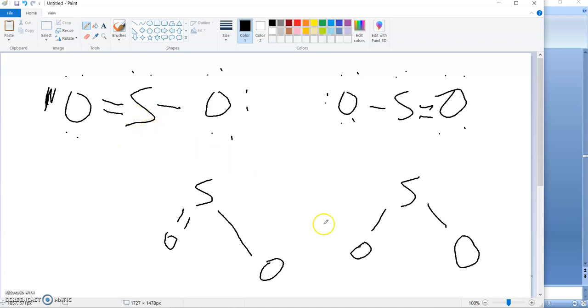Even more intriguing is when they measure the length of these bonds, the length of the bond is roughly halfway between a single and a double bond length. So it's almost like you have a 1.5 bond here and a 1.5 bond here, which, well, how do you draw a Lewis structure of that? You really can't.